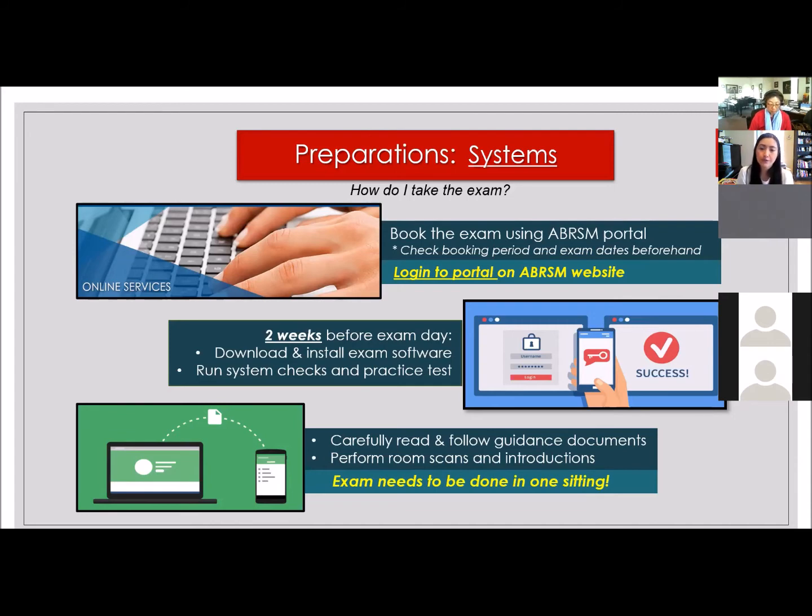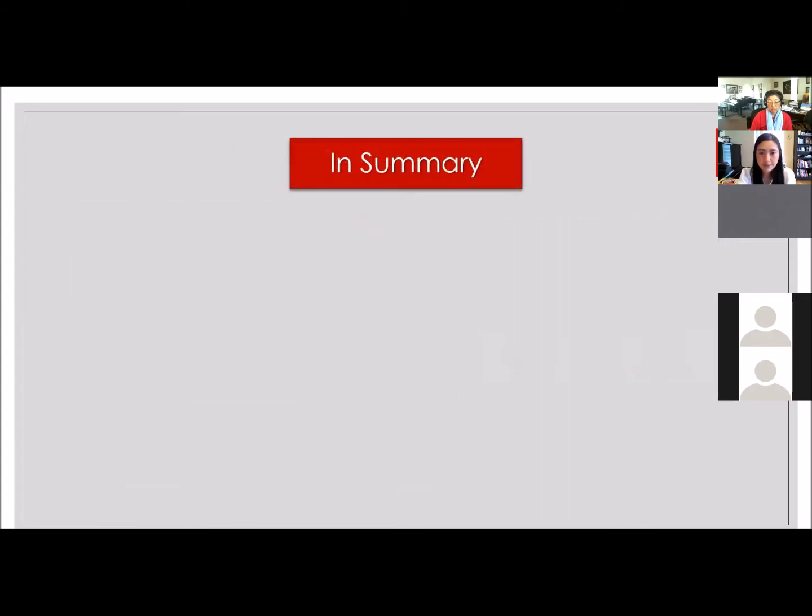And so your exam results might be delayed because they might have to follow up on the reasons why it might be flagged. And so there are a lot of checks and balances in place for the exam as it's being taken. And so everything, again, is laid out carefully in the documents on the website.